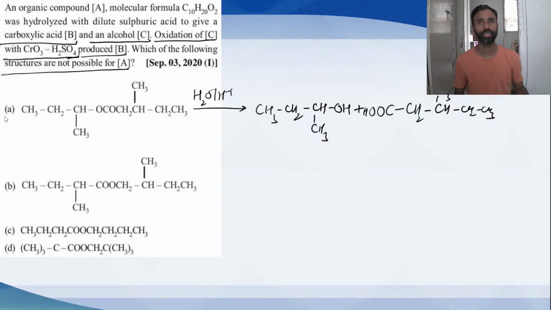Oh, the blunder. 1, 2, 3, 4, 5, 6, 7, 8, 9. The carbons are the same, but when it is hydrolyzed or oxidized, we will not get the same product. That means, for the question which of the following structures is not possible, A is not possible.